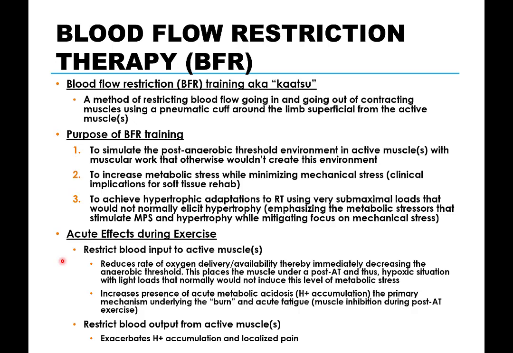Thus, with light loads like 10 to 20% of 1RM, the metabolic stress on that muscle is significantly heightened without the mechanical stress, since a 10 to 20% 1RM load does not elicit high mechanical stress. So even with light loads, the hypoxic stress and thus acidosis is elevated to a level similar to what would be achieved with higher loads, like say 70 to 80% 1RM without BFR.